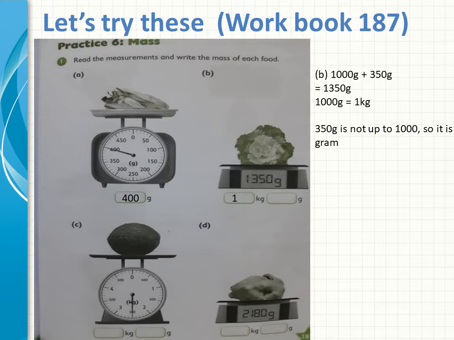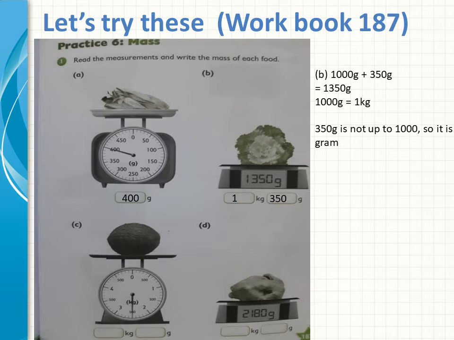Good. Now what we will do is, now that we know 1,000 gram is equal to 1 kilogram, first we will put our 1 kilogram here, but we are still having 350 grams remaining. Now, the 350 grams is not up to 1,000, so it is still in gram. We will put it in the gram section.